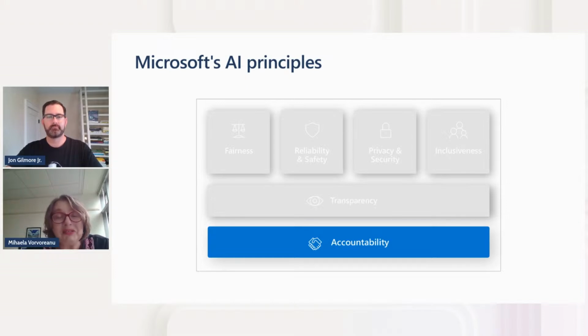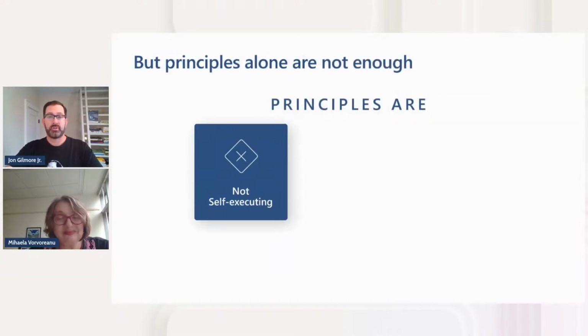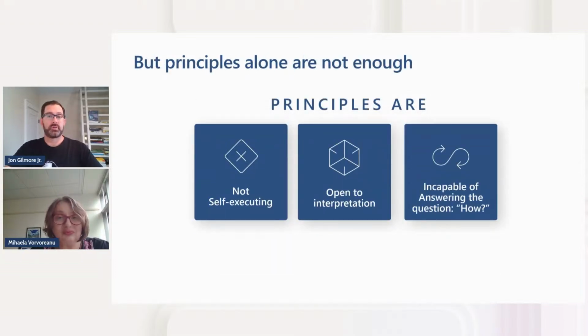But back to you, John, and the conversation about principles. Everything you're saying is so important for folks to understand. So great. Now, we've covered the principles, Microsoft's principles of AI, but we recognize that principles alone are not enough. For instance, they are not self-executing.